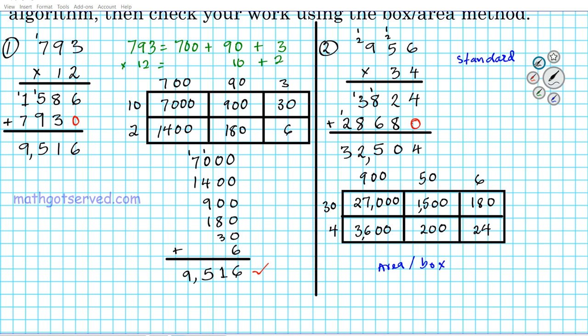Right, now we're going to place our partial products. We're going to align them vertically and add up all the digits to generate our product. Okay, so we have 27,000, 3,600, 1,500, 200.